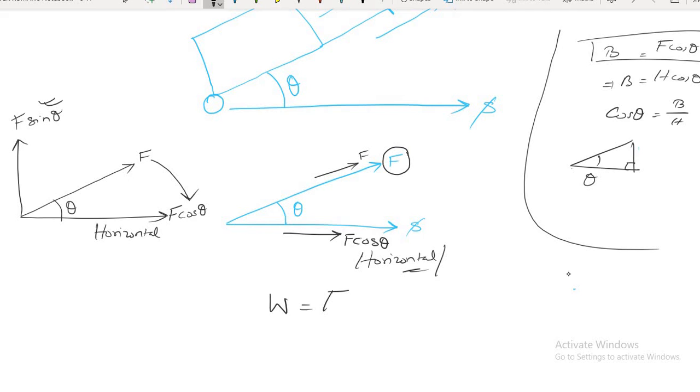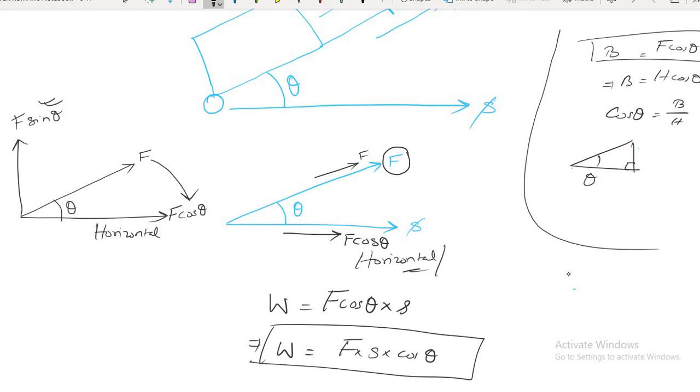F cos theta, into displacement S. If we arrange it, it will come as F into S into cos theta. So this is the formula for work due to oblique forces. W is equal to Fs cos theta is the formula for work due to oblique forces.